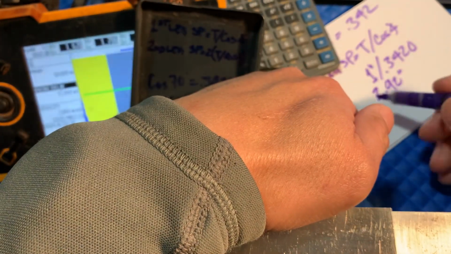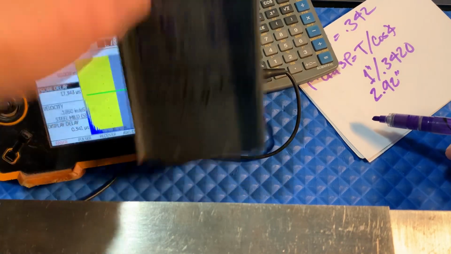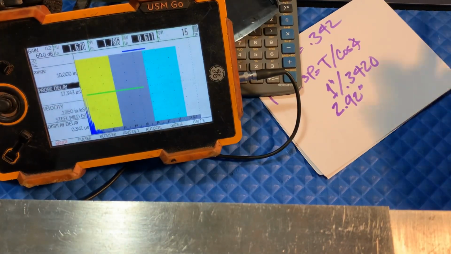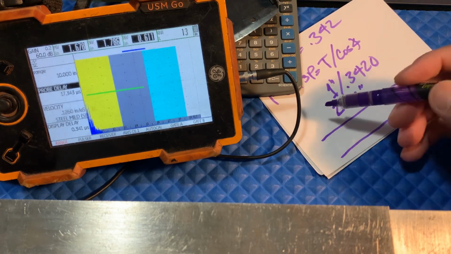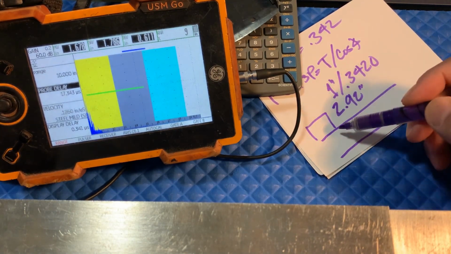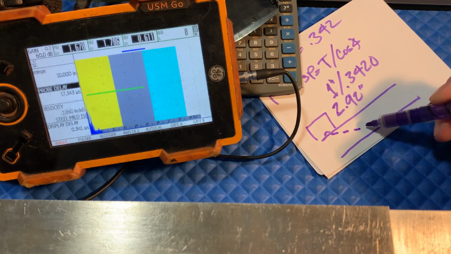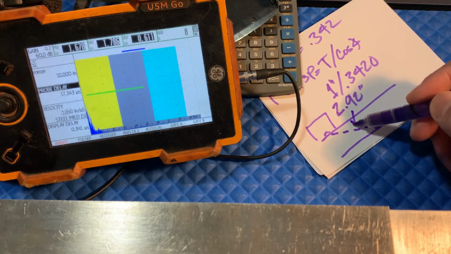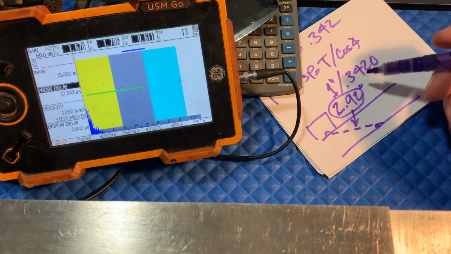So if we're shooting a test block, here's a little test block or a little plate. Here's our transducer. From the math, we know the sound path as it comes out of the block is 2.92 inches.